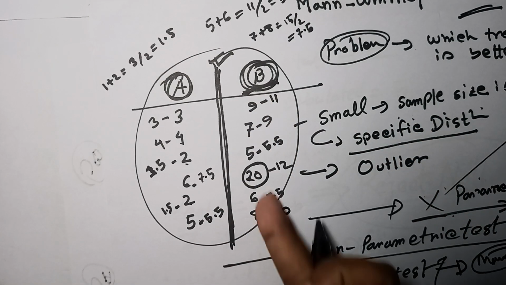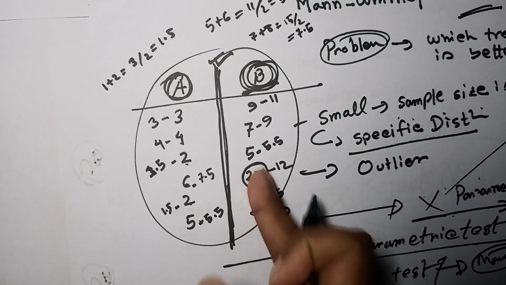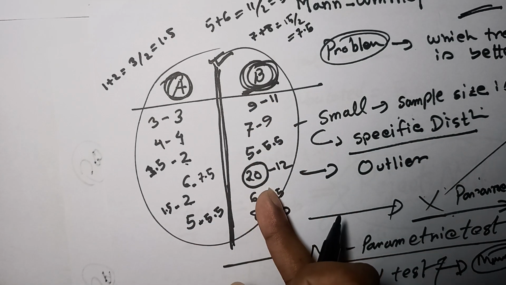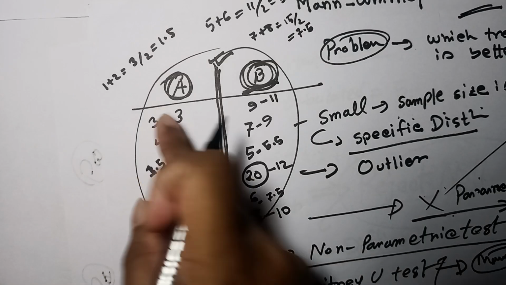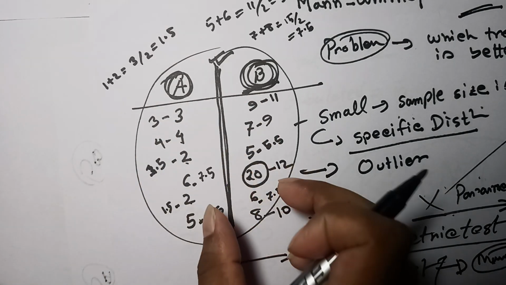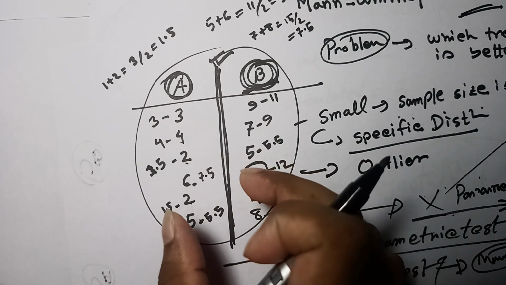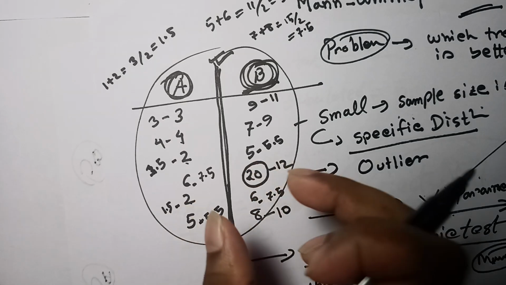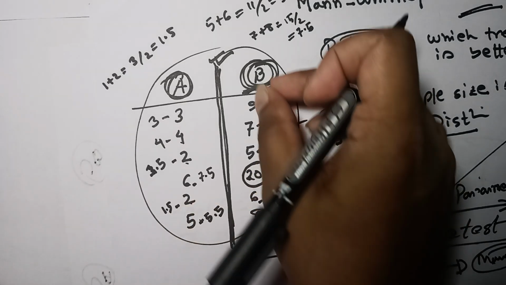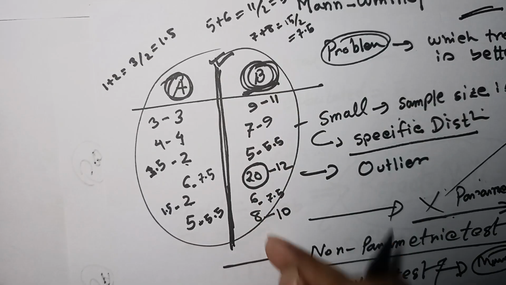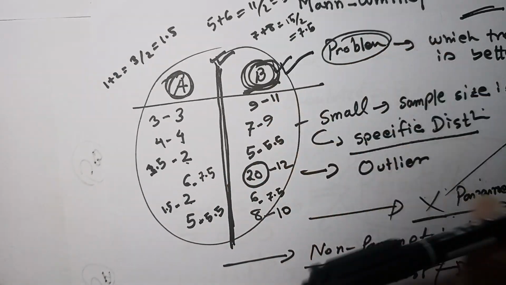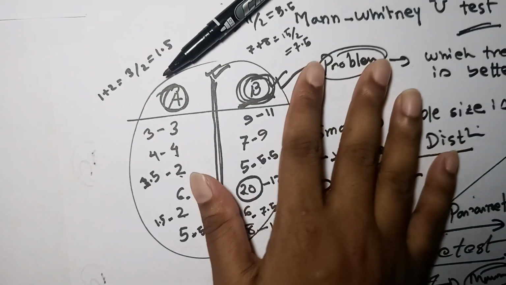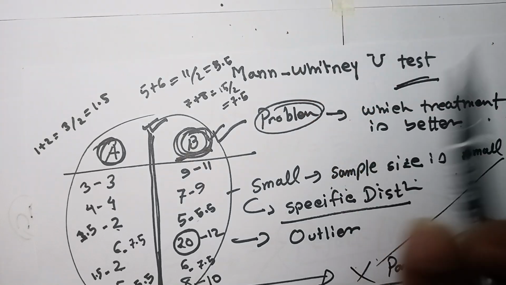With guesswork, we don't make a conclusion. But now, as statistically valid, these two are not the same. They have a significant difference between them. And if they have a significant difference, then we can say that yes, this one is better. So that is exactly our Mann Whitney U test.